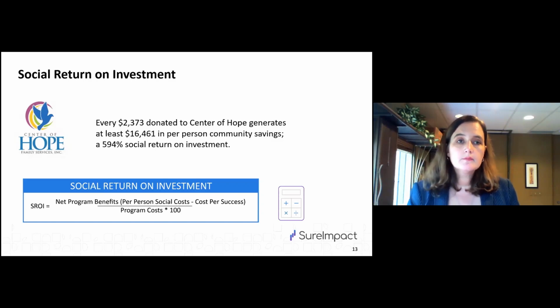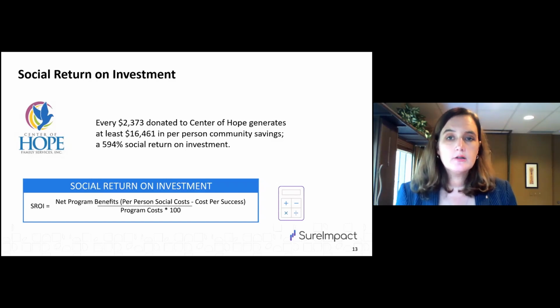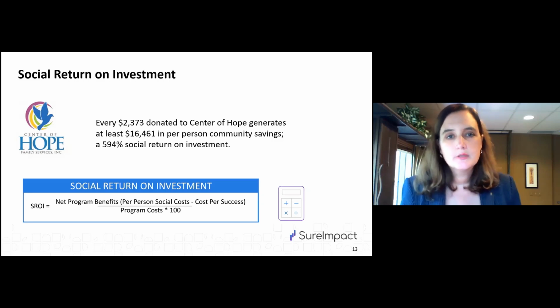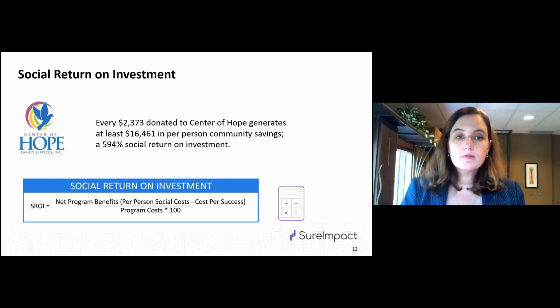So for the Center of Hope, once you understand your savings cost, in their case, it was $16,000. That ended up being the per person savings once we adjusted for the probability that those expenses would occur naturally in the community, because not everyone is going to wind up needing that. So we knew that for every $2,000, we got to one successful outcome.